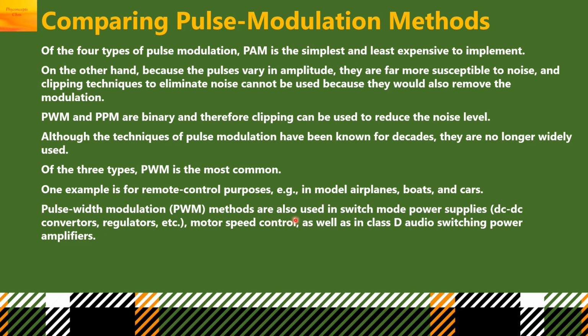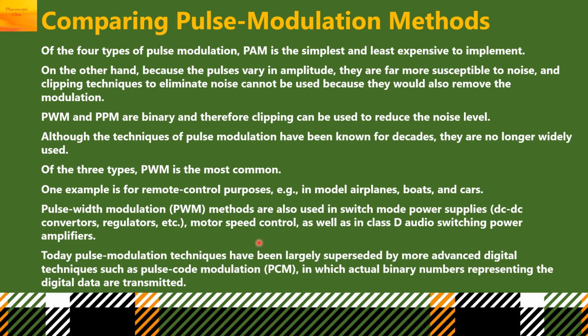PWM methods are also used in switch mode power supplies, motor speed control, etc. Today, pulse modulation techniques have been largely superseded by more advanced digital techniques such as pulse code modulation, that is PCM, in which actual binary numbers representing the digital data are transmitted.